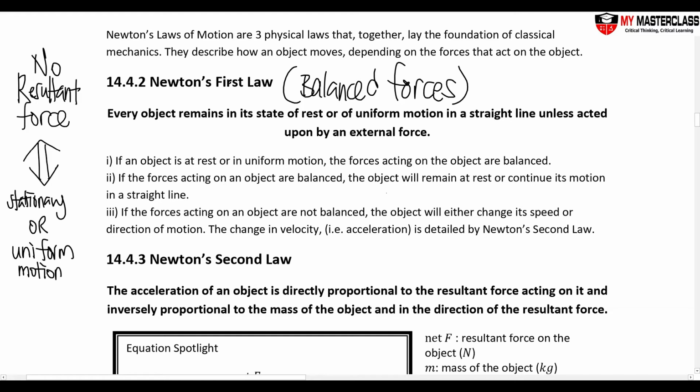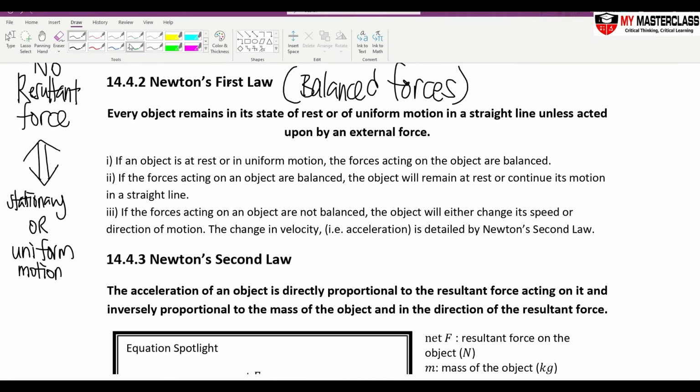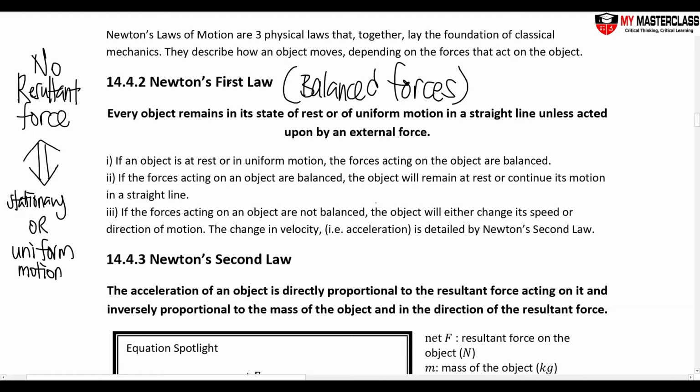There is one thing that I want to highlight here. Continued motion in a straight line, this will appear a lot of times in questions as constant speed. So when you see constant speed in the question, straight away think of Newton's first law, balanced forces.